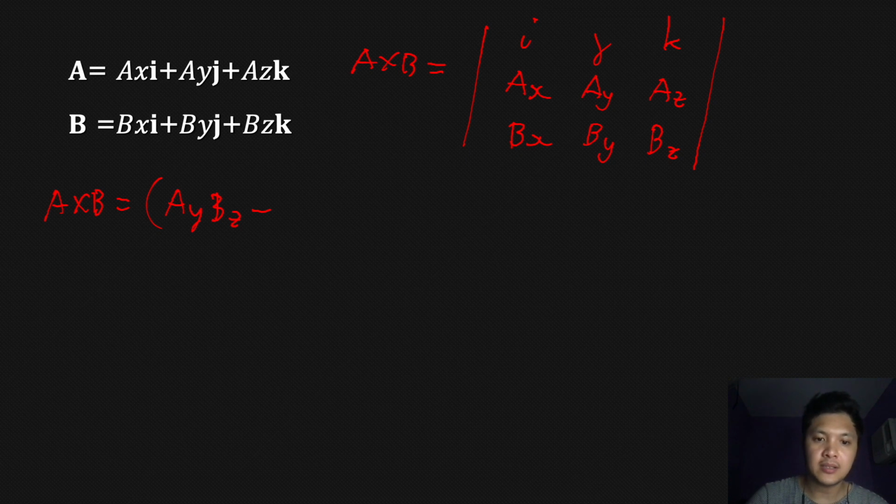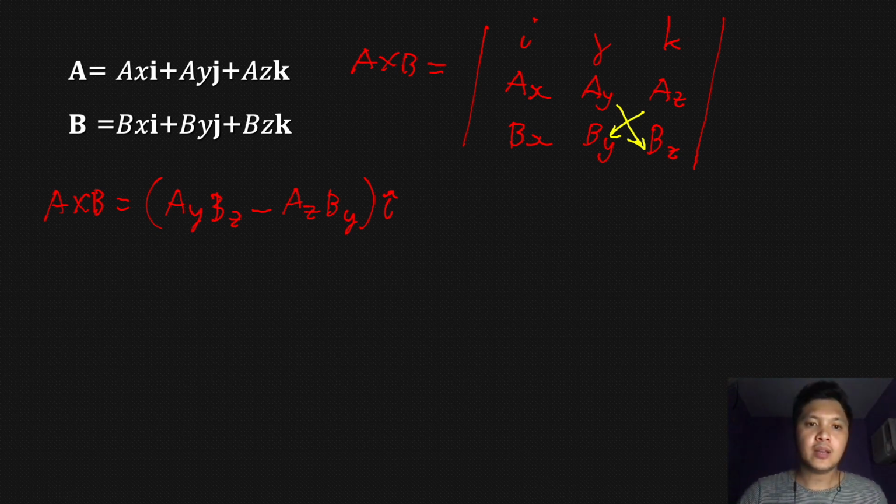So it's AyBz minus AzBy, and the direction is I hat, and then we have to add.